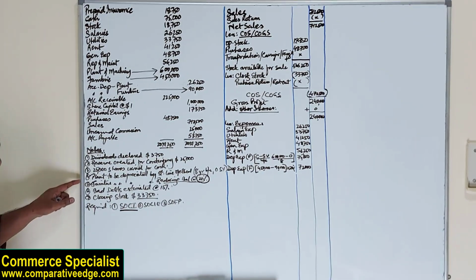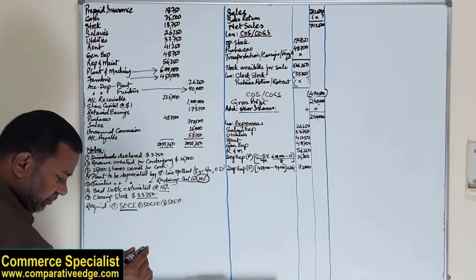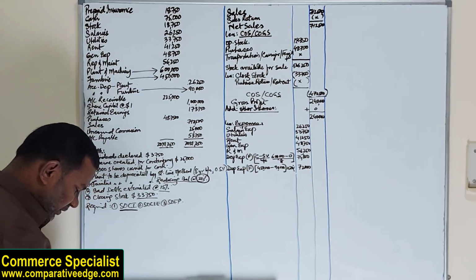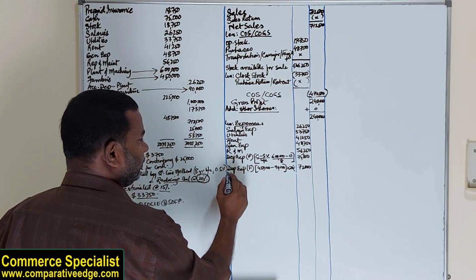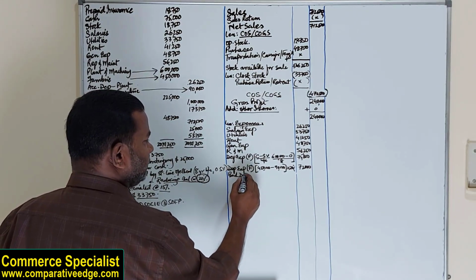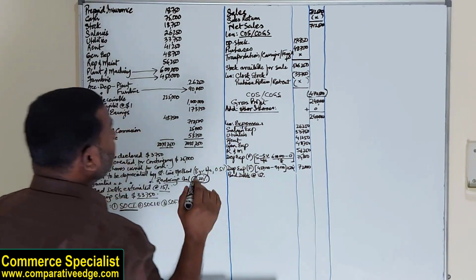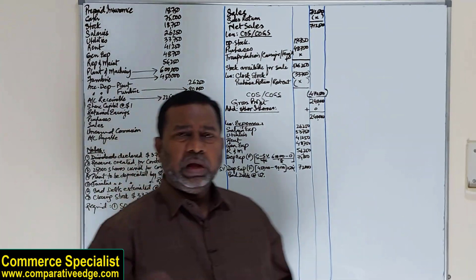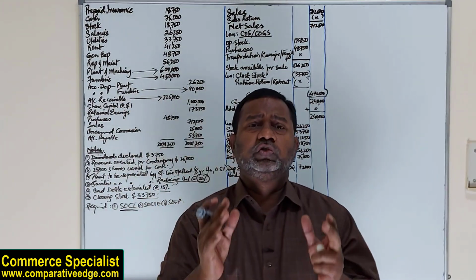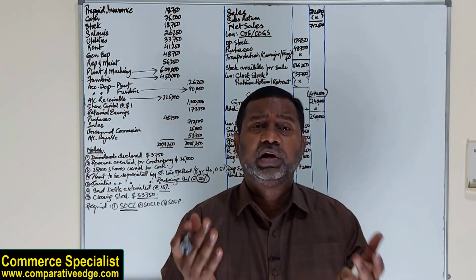Then we also have here bad debts. Bad debts are estimated at 15%. Bad debt is a selling expense. So I'm taking that here, bad debts at the rate of 15%. And please remember, bad debts is always on account receivable. Bad debt is the amount which you are unable to collect from your customers, from your receivables, from your debtors.